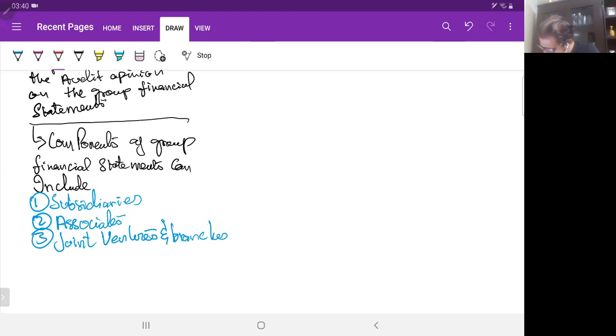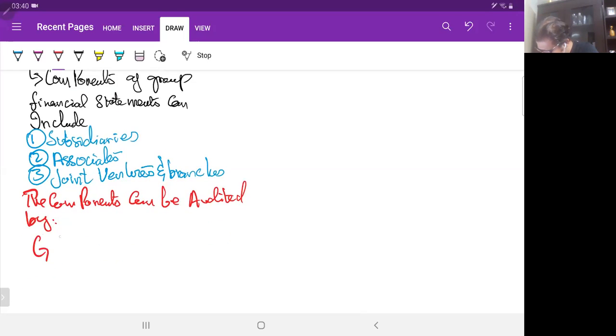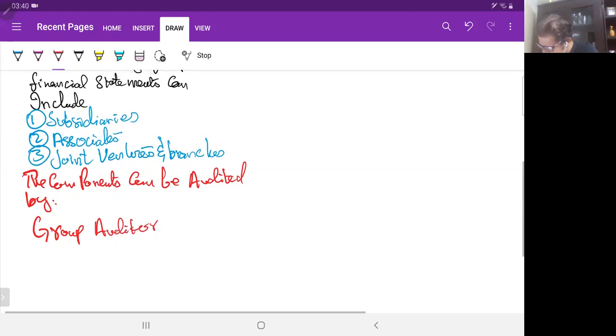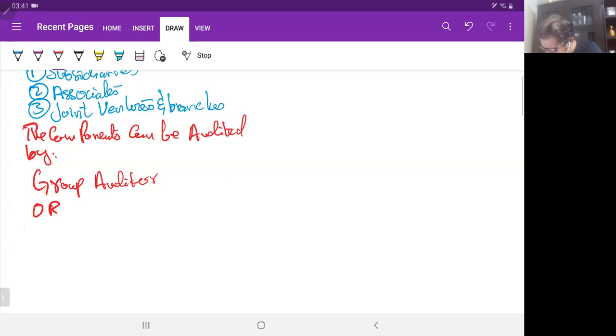And the components can be audited by the group auditor or by a different firm of auditors, which is known as component auditors.